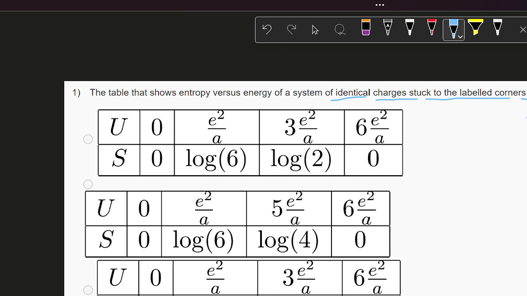Let's say the charge sitting in each corner is identical to each other. If you assume that electrons are sitting in those corners, then you can take that each corner has a charge E. There are 4 corners, so 4 E charges, and they are stuck to the corners.